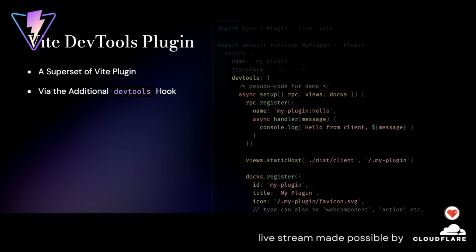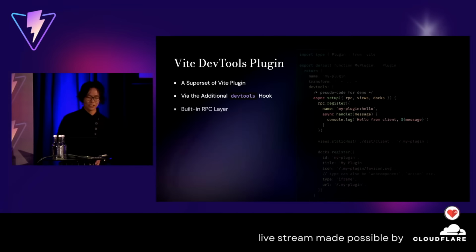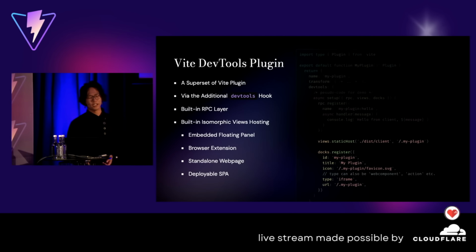Then Vite DevTools is going to provide a built-in RPC layer, remote procedure call, to make it easier for plugin authors to extend the communications between server and client, or client to client. We also want to make it possible for users to decide the way they consume the DevTool. So in Vite DevTools, we're going to support embedded floating panels, as you probably have seen in Nuxt DevTools, which has a floating panel inside your app that you can drag around.